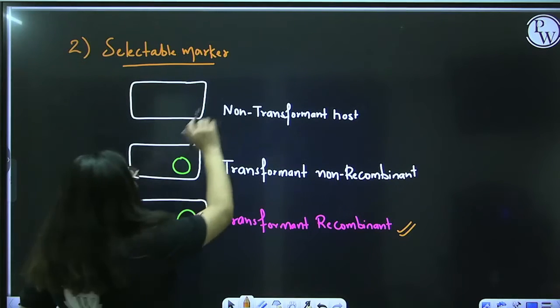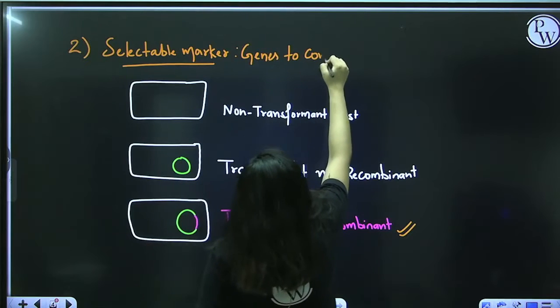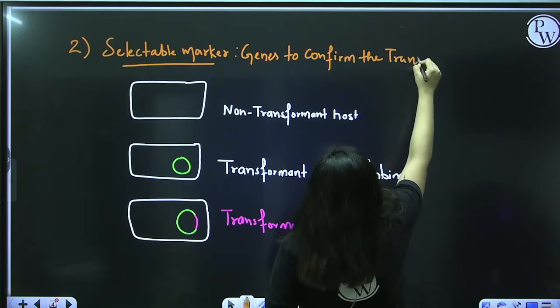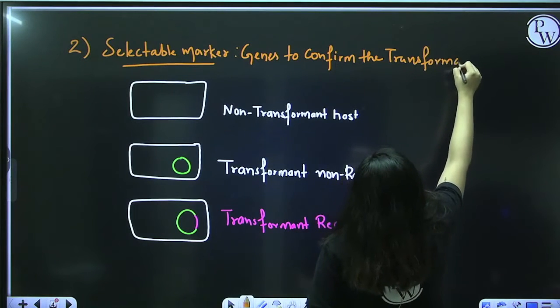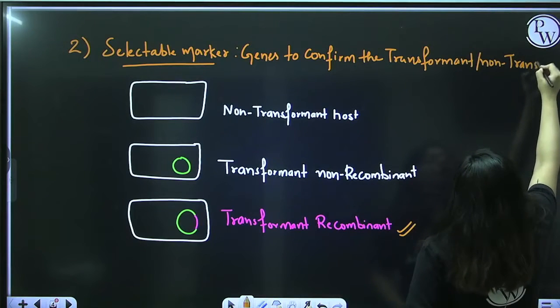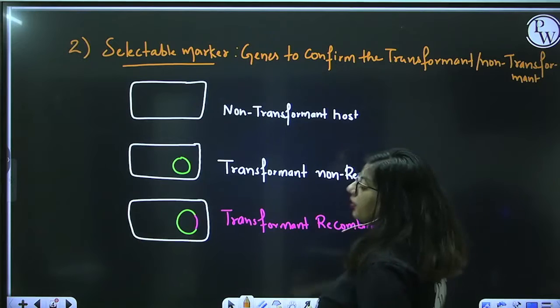Okay, so what are these? These are genes to confirm the transformant and non-transformant, and recombinant and non-recombinant.